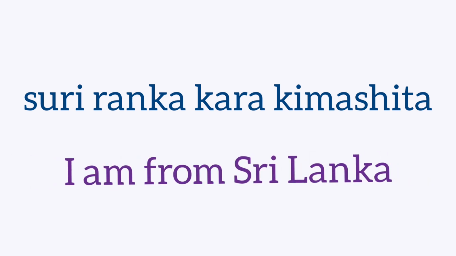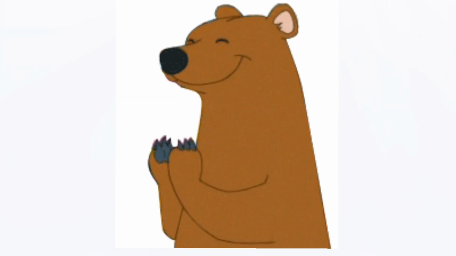Indo kara kimashita, which means I'm from India. Sri Lanka kara kimashita, which means I'm from Sri Lanka. America kara kimashita, which means I'm from America. Okay, now you can introduce your country in Japanese.